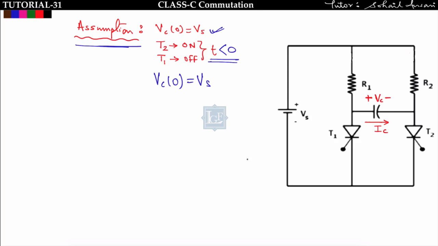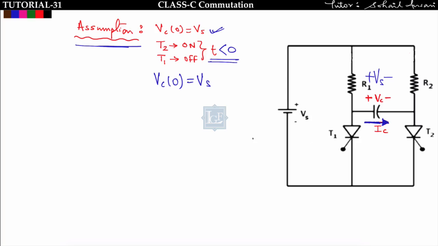For t less than 0, the voltage drop across this capacitor is from plus to minus, equal to the supply voltage, and I am assuming the capacitor current flows from left to right like this. Now I have to turn off this thyristor T2.